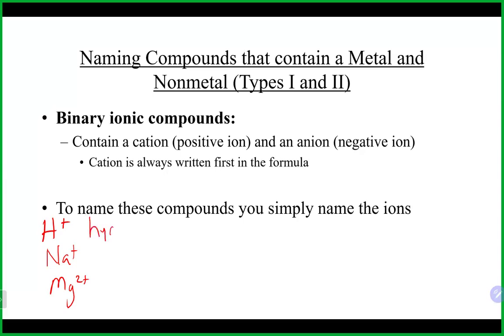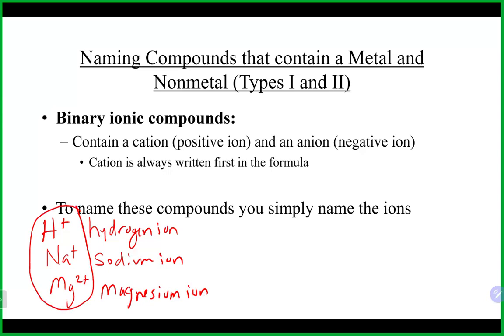So this would be the hydrogen ion. We just use the whole name of the element. This would be the sodium ion. This would be the magnesium ion. So if you have a positively charged ion by itself, not combined with anything else, it should have a charge like all three of these do. And you just simply use the name of it, and you could put ion at the end of it to indicate that it is an ion.